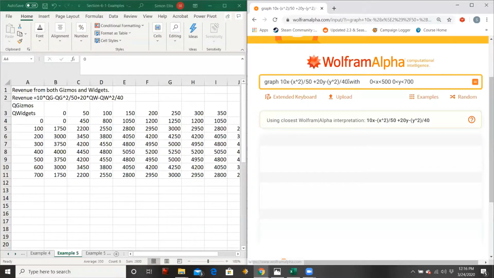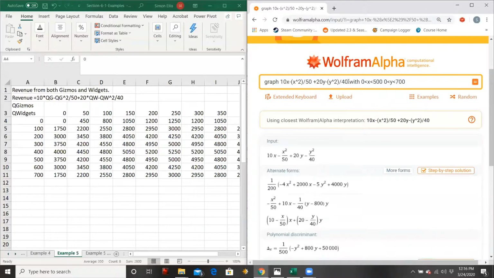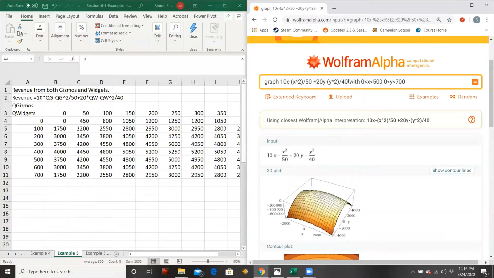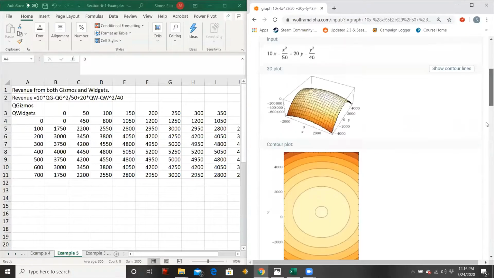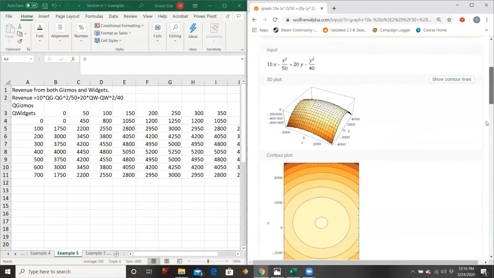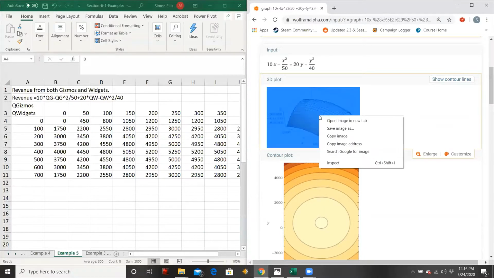Let's see if that fixes our problem here. All right, and so now you see we get a couple different graphs. So we have this one here, and we can just look at that.